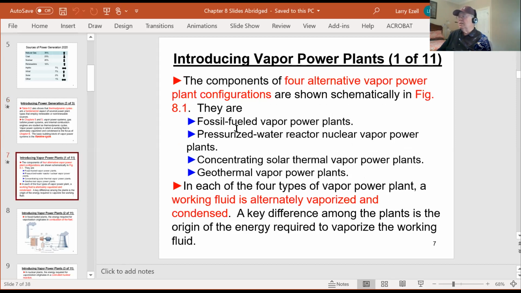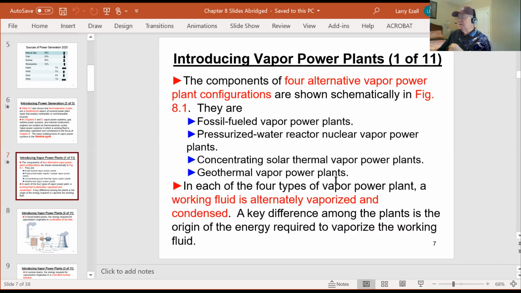All right, here's another slide, talking about the alternative vapor power configurations. Fossil, of course, fossil fuel plants, that's coal. Pressurized water reactor, that's nuclear, we'll look at that. Concentrating solar thermal power plants, we'll look at that, and geothermal. We'll look at all of these a bit.